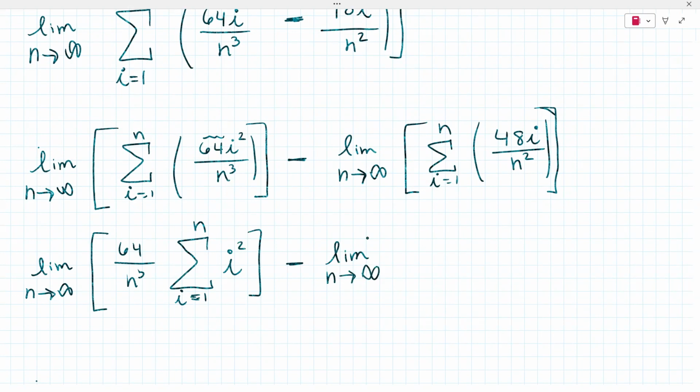The same thing here: the 48 over n squared is a constant, because if n was 1, 1 squared is a constant, and if n was 2, 2 squared is 4, which is a constant. So go and take that out.